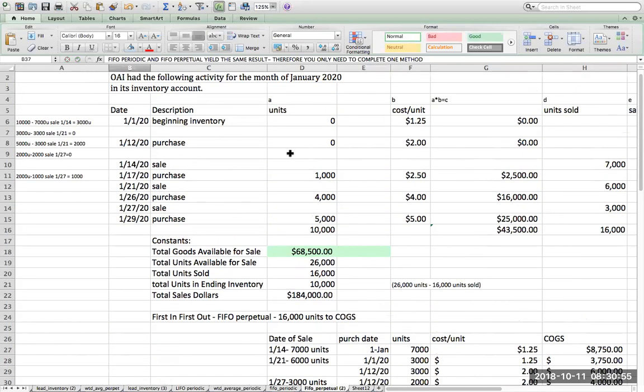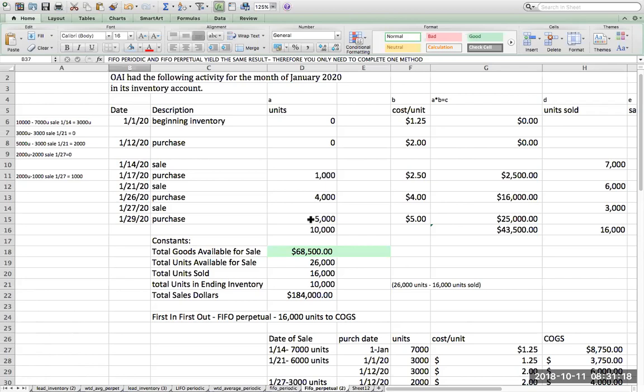When we're doing FIFO, we're always under the assumption that the first goods in are the first goods out. What happens when we're doing LIFO periodic versus LIFO perpetual is that you would get a different result. If I'm doing LIFO periodic, I'm going to grab from these purchases down here below.